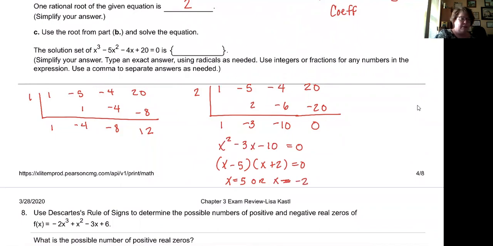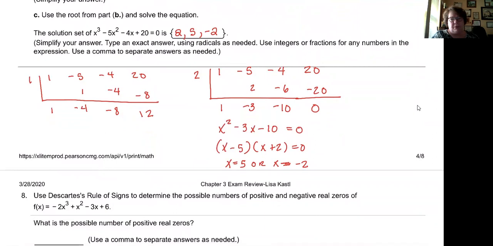So my 3 zeros would be 2, and then the other 2 would be 5 and -2. So my zeros are 2, 5, and -2. And I do need to type all 3 of those numbers in that second part, that part C, excuse me.